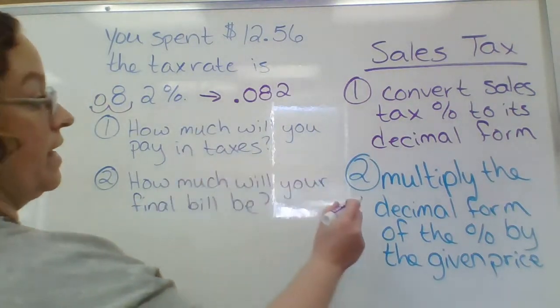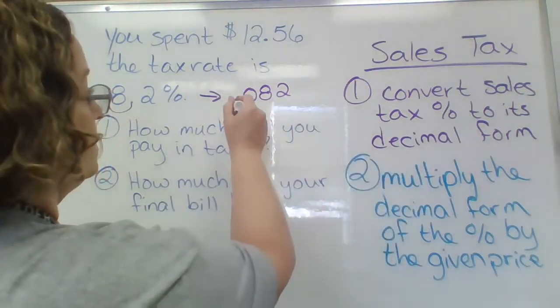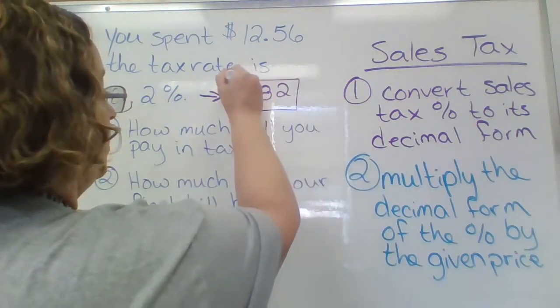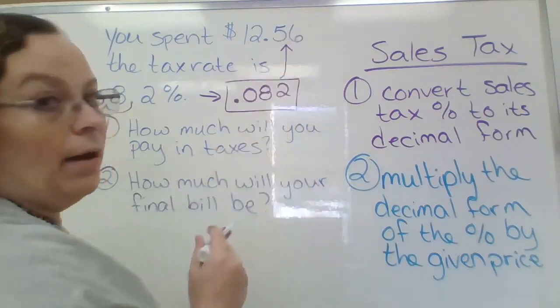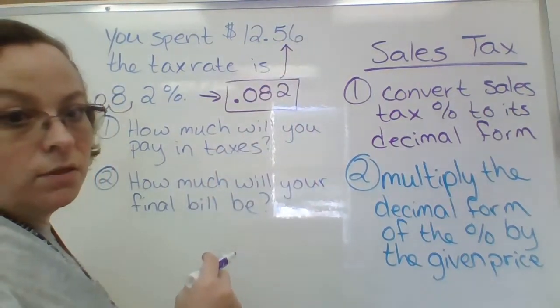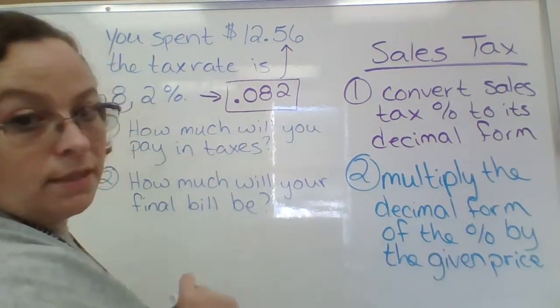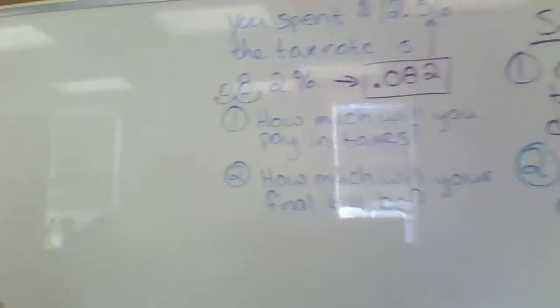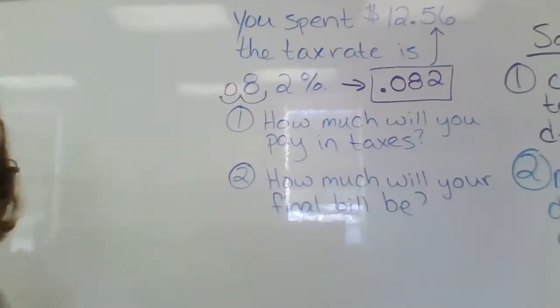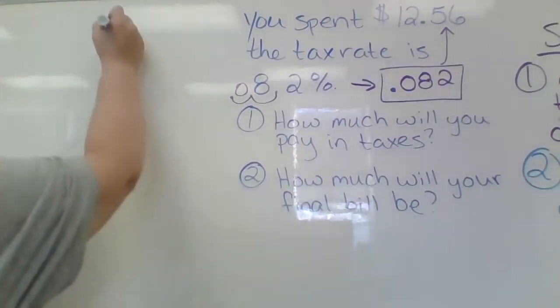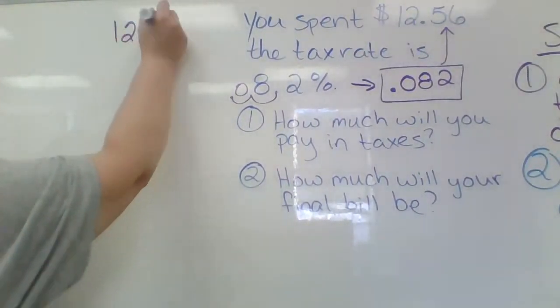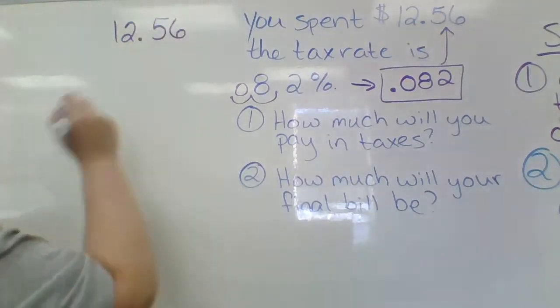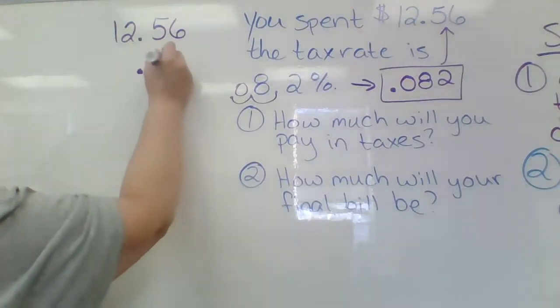Now the second step is to multiply this by what I spent, my given price. I like being here because I can roll you down. So I'm going to take the 12.56 and multiply it by 0.082.